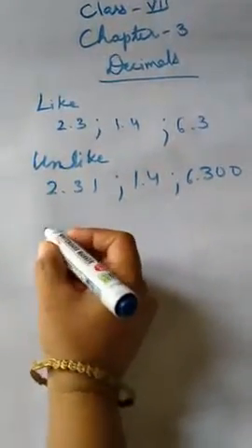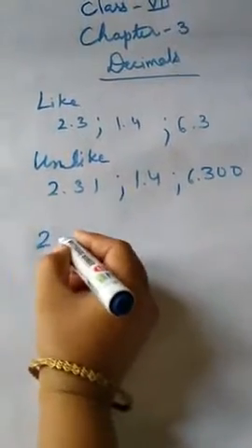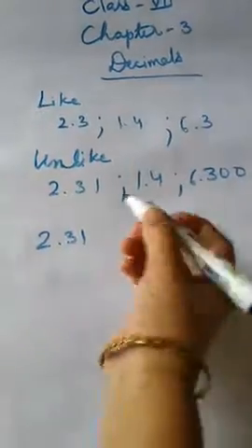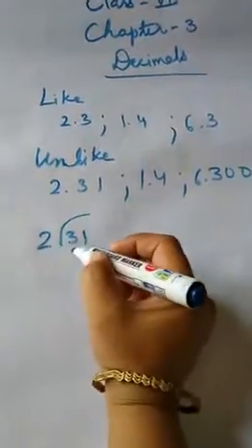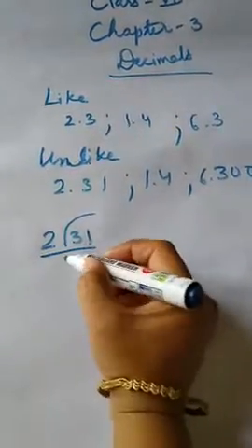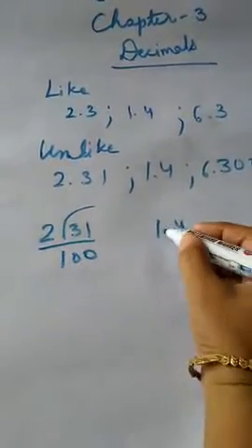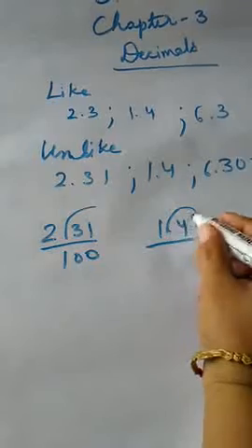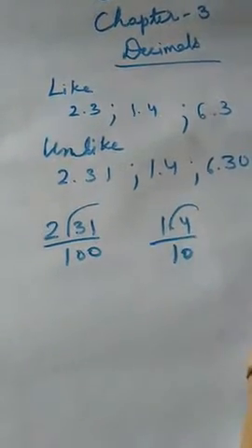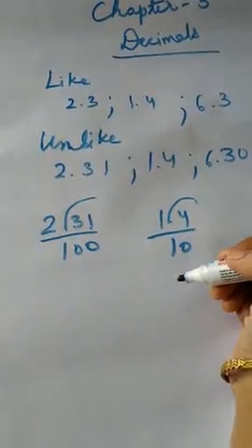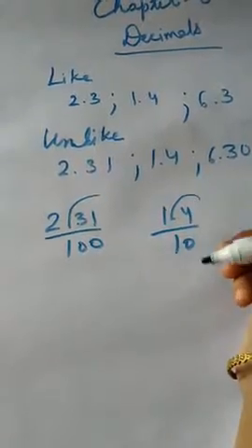how to convert a decimal into a fraction. Like if it is 2.31, just remove the decimal, and after the decimal there are two digits, so just write 100 under it. If it is 1.4, just remove the decimal, after the decimal there is one digit, so you write 10 in the denominator. In a similar way we can convert a decimal into a fraction.